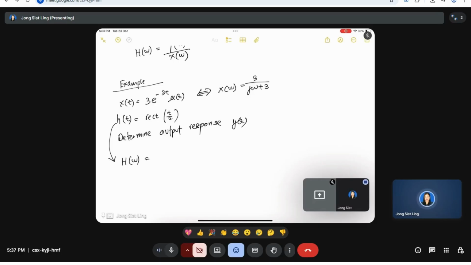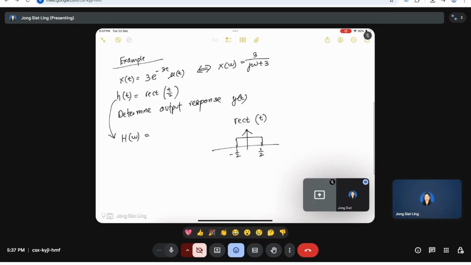Let's say you don't know rect(t/2). So what about rect(t)? Rect(t) is from negative half to positive half, right? So you can also find the lower bound and the upper bound.